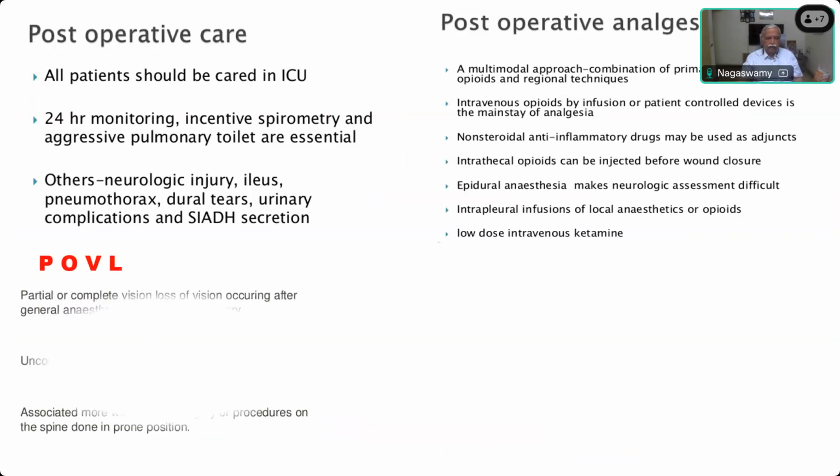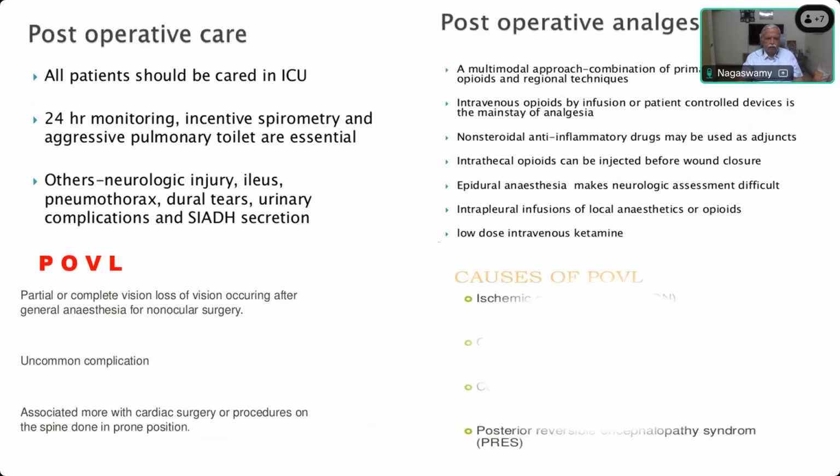And postoperative visual loss is an uncommon complication. Causes can be ischemic optic neuropathy, central retinal artery occlusion, or cortical blindness. The visual cortex in the posterior aspect of the brain can also be affected, and posterior reversible encephalopathy syndrome, PRES, is another thing that may happen because of the blood vessel changes.